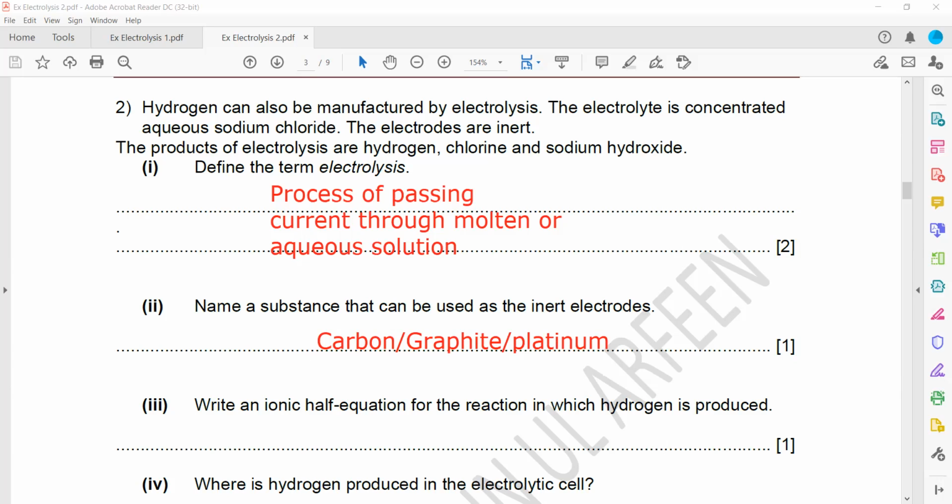Copper is relatively reactive. As you can see, when we are doing electrolysis using a copper electrode, the copper electrode can change. That's why we don't say it is inert. In terms of metal, that is platinum, and in terms of non-metal, that is graphite or carbon.